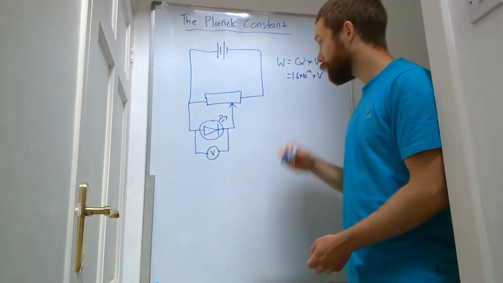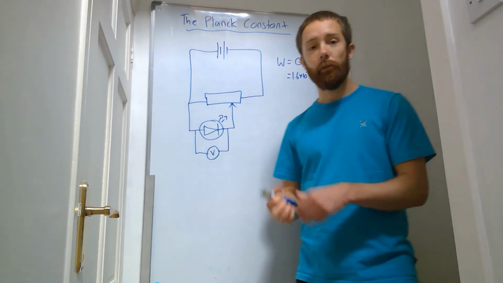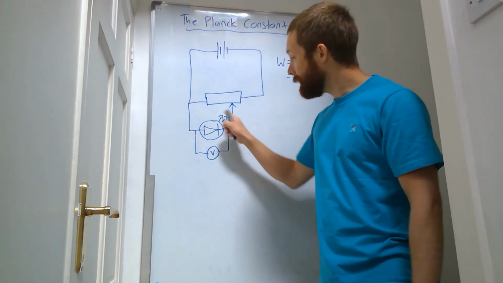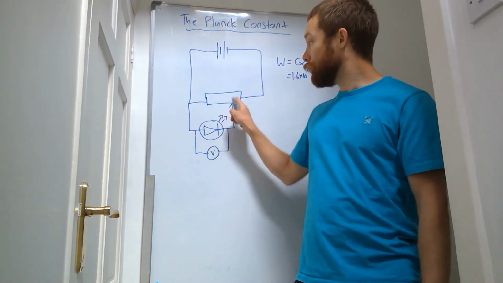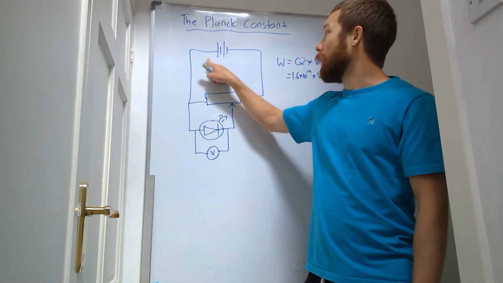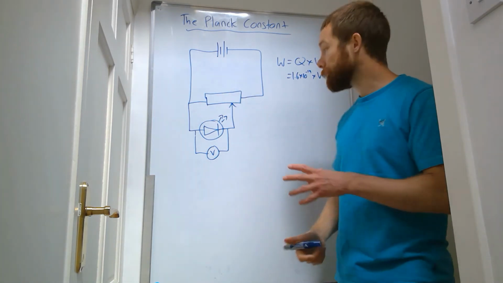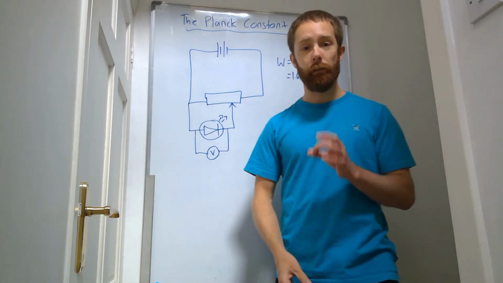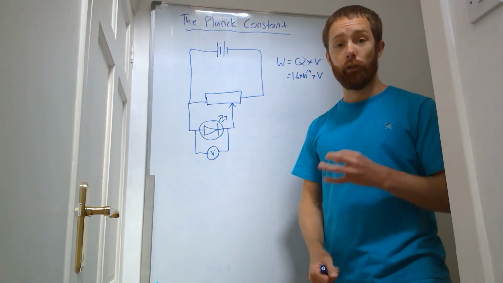So what we're going to be physically doing as we do this experiment is increase the voltage across here using our potentiometer, or like I said, you could potentially use a variable power supply, but we're going to slowly increase the voltage until the LED just comes on.